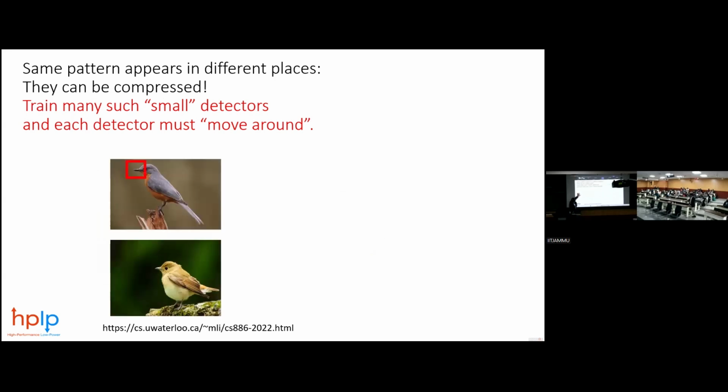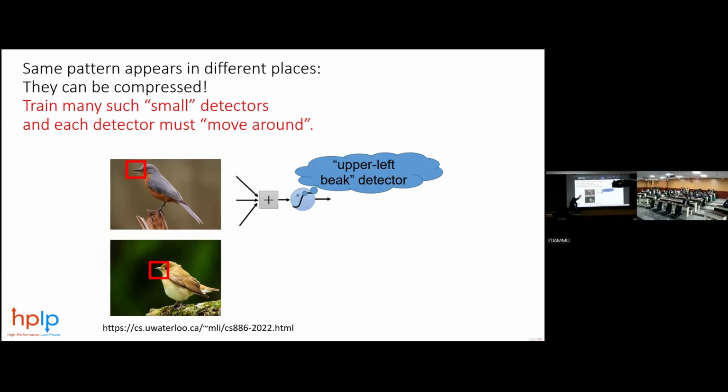So this is basically a justification for having a convolutional neural network rather than a fully connected one, because the same feature can appear anywhere in the image.